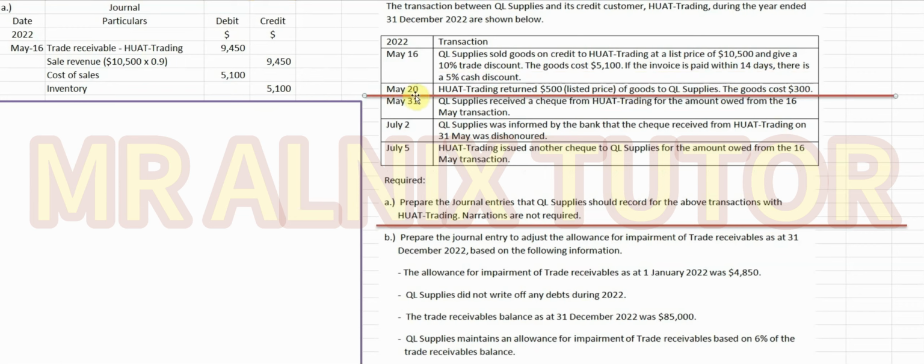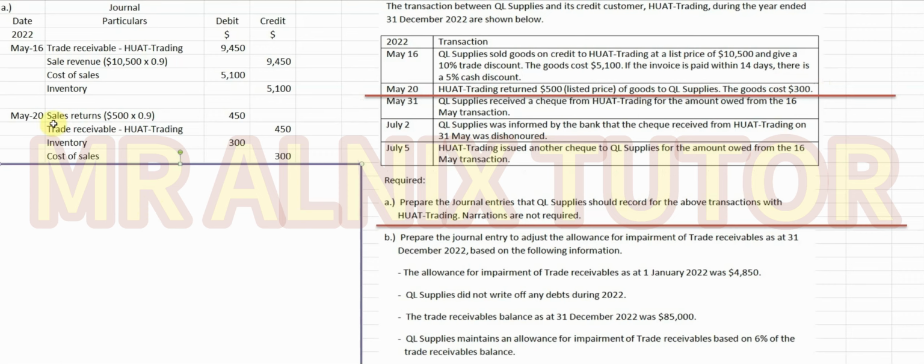Now next, 20th of May. What Trading returns 500 list price of goods to QL Supplies. The goods cost 300. Same thing here, it mentions 2 points again. One is a return, the other one is the goods cost of 300. So what is our double entry here?